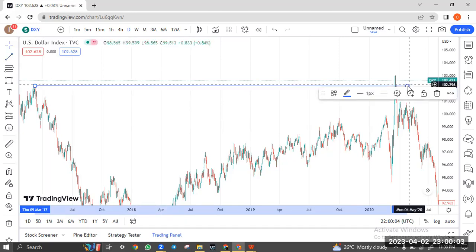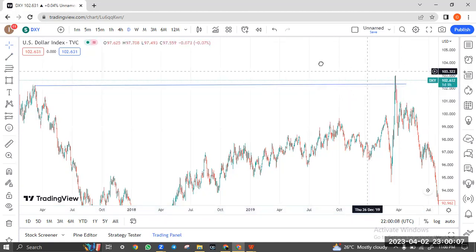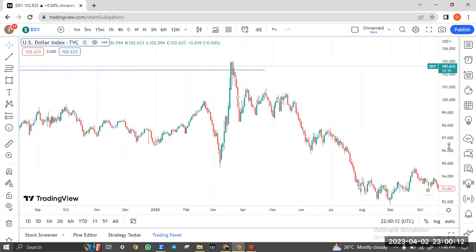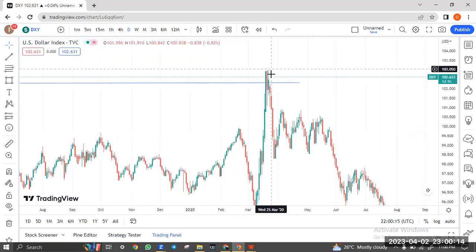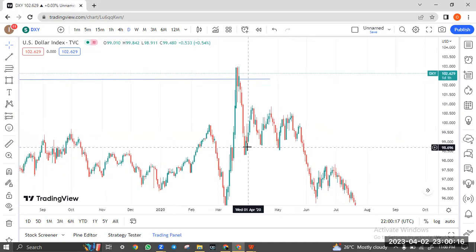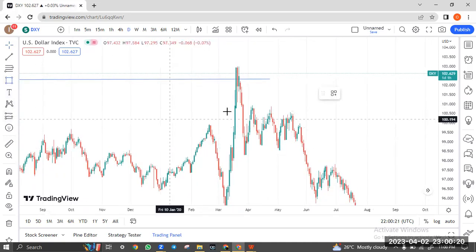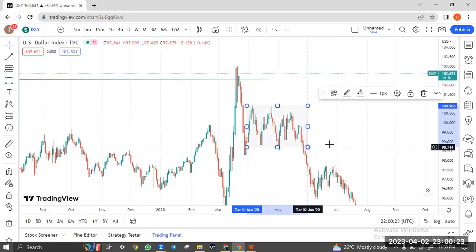They took out stops, they took out liquidity, they took out the stop loss of retail traders on a funded account. After they took out their stop loss, then they reversed price to the other direction with speed. The market consolidated here. It stayed within a range, but we don't come into trade here.